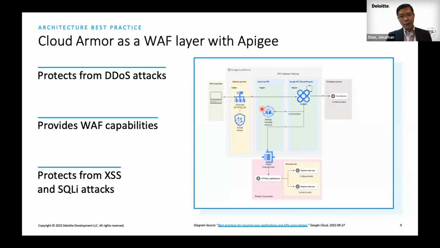And this flow of events in the architecture is similar to those discussed in the previous slide. Use Apigee as a proxy layer. So the client sends the request to HTTPS load balancing with the credentials for the application, for example, an OAuth token.